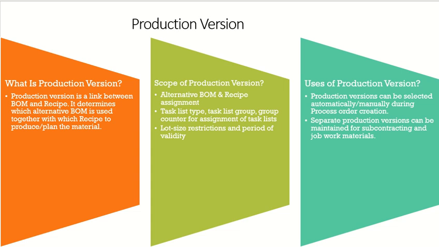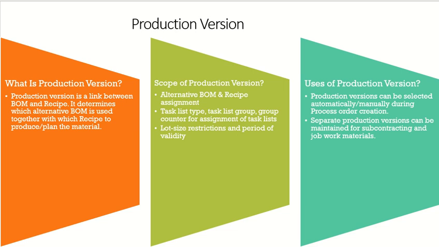In the scope of production version we can see alternative BOM and recipe assignment, task list type, task list group, group counters for assignment of task list, lot size restrictions, and period of validity. Production version can be selected automatically or manually during process order or production order creation, and a separate production version can be maintained for subcontracting and job work material.